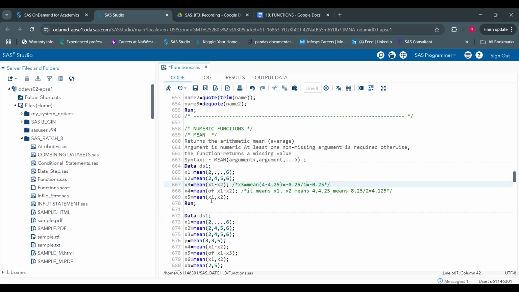And here, this is x1 minus x2, and this is the mean of x1 to x2. So it means the mean of x1 to x2, not x1 minus x2, so we have mean of in the brackets.